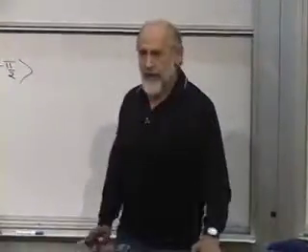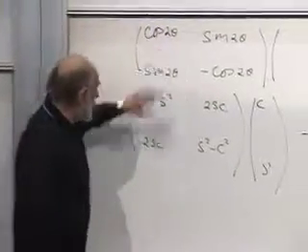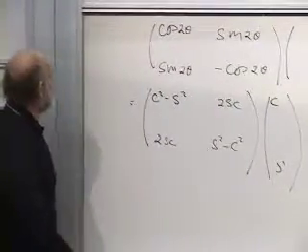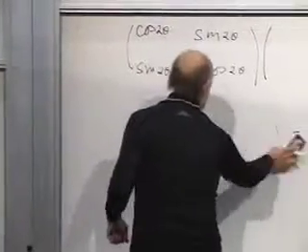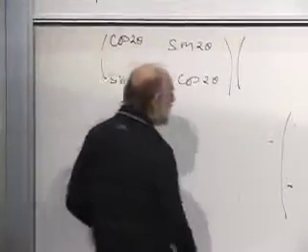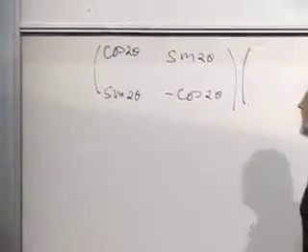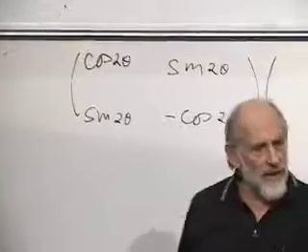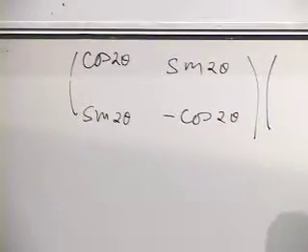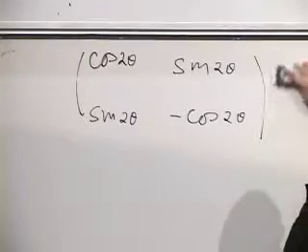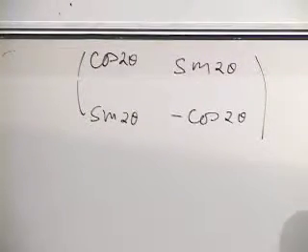What happens, incidentally, is an interesting question. Supposing I took this, here's the observable for angle theta. What is the observable for minus theta? That's not really what I want to do.